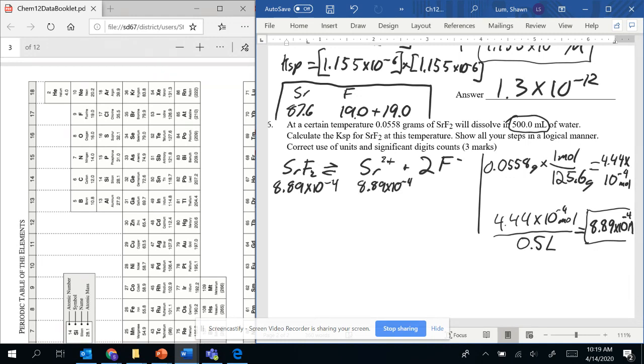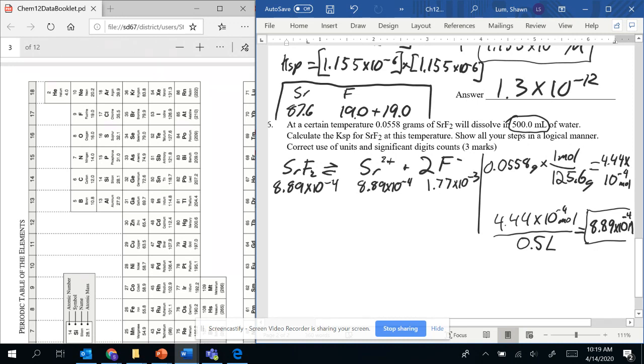But the fluoride will be twice as much, so times 2 equals 1.77 times 10 to the negative 1, 2, 3, negative 3.